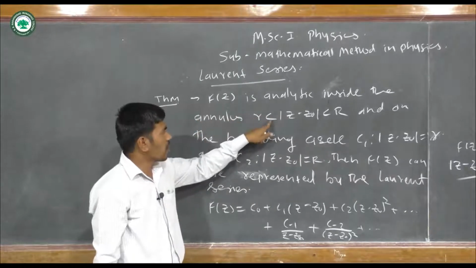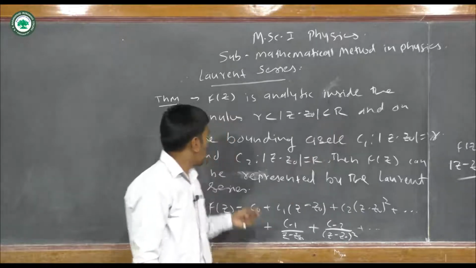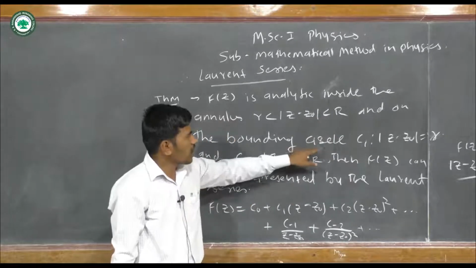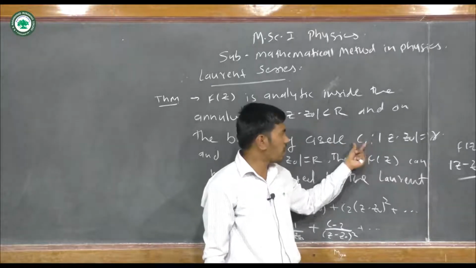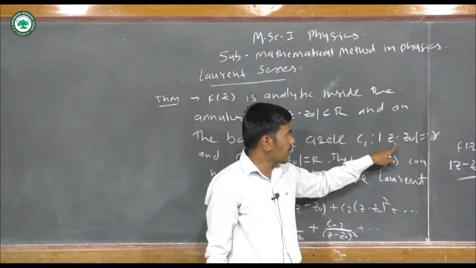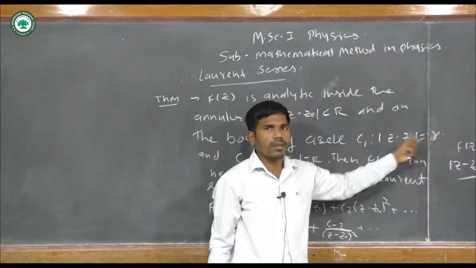On the bounding circle C1, one closed loop we consider, z minus z naught equal to r is the radius of C1.